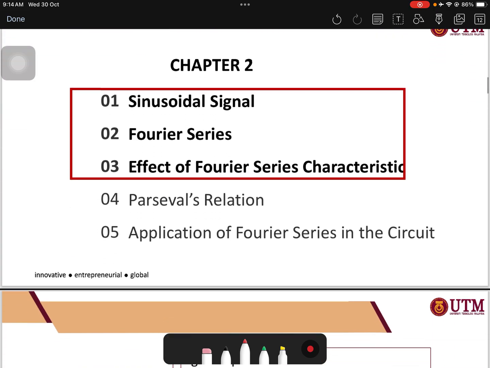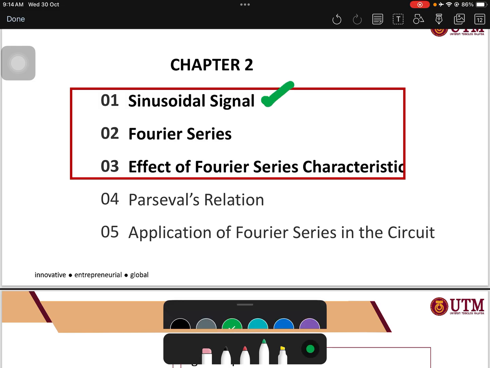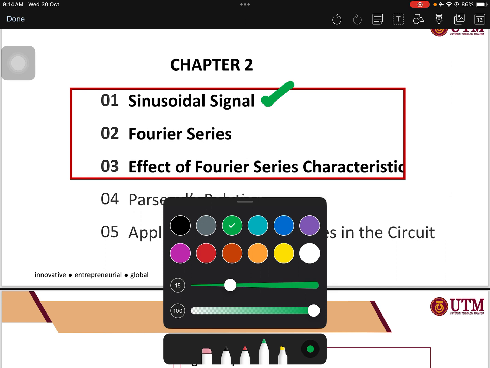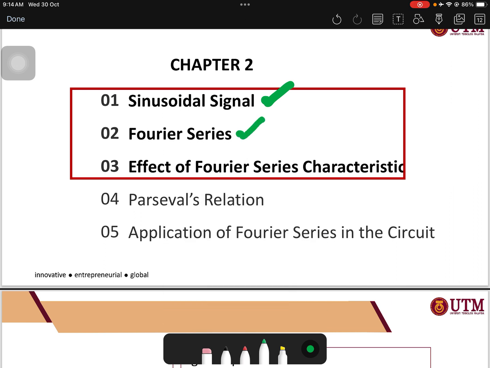Now in this chapter 2, we are going to learn about the sinusoidal signal, how to represent the signal, and then we are also going to learn about the Fourier series and the effect of the Fourier series characteristic.